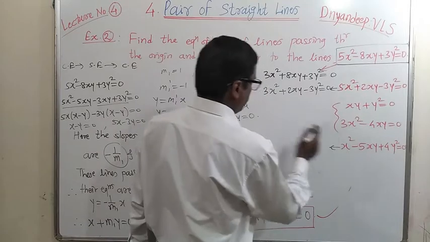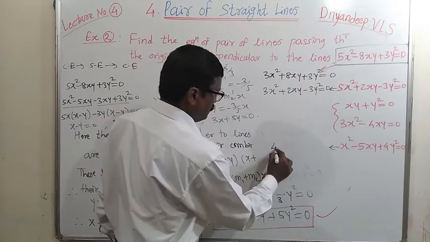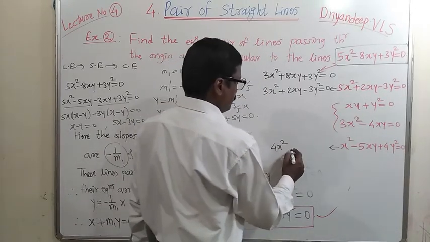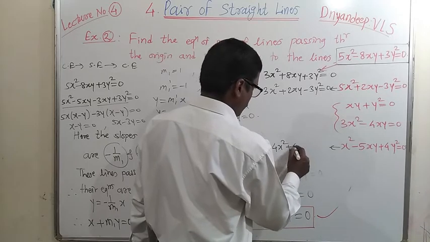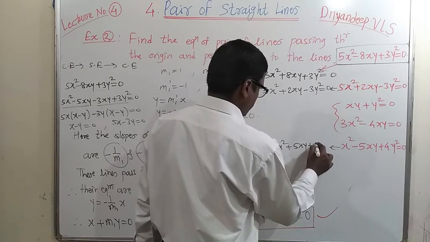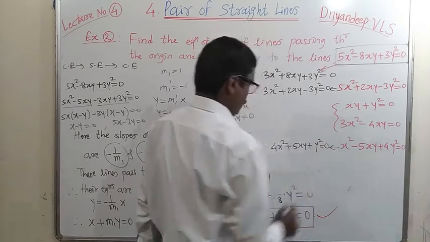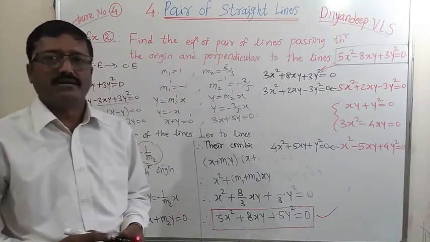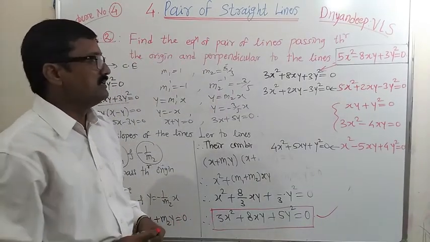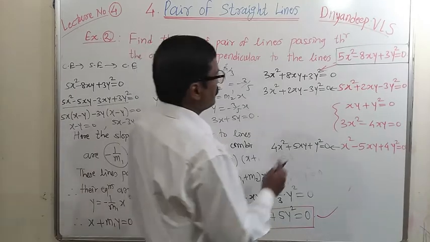The answer of this question, using this, we get 4x square plus 5xy plus y square equal to 0. How can I write the answer directly? It's very easy to remember.